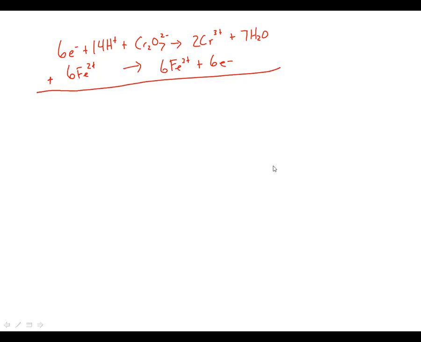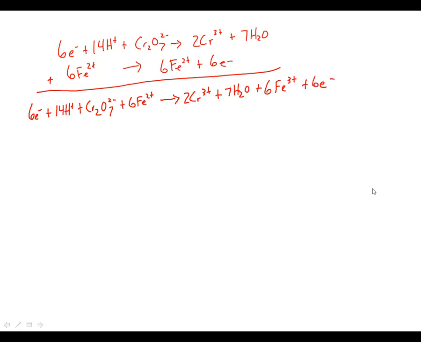Everything on the left-hand side of the arrow will go on the left, and everything on the right-hand side of the arrow will go on the right. So just write down everything on the left and everything on the right. We got 7 waters. We got 6 of the irons and 6 electrons.